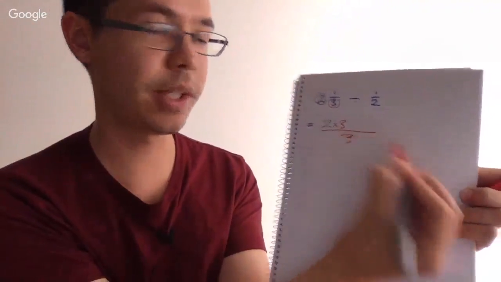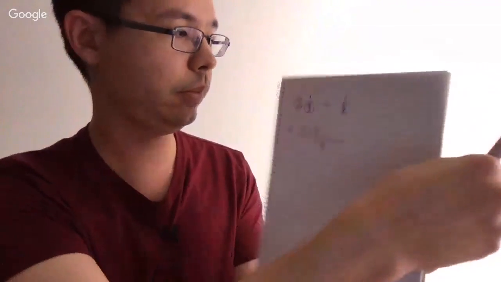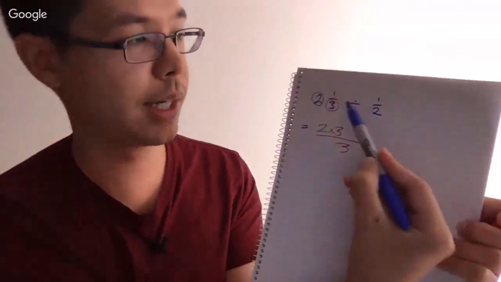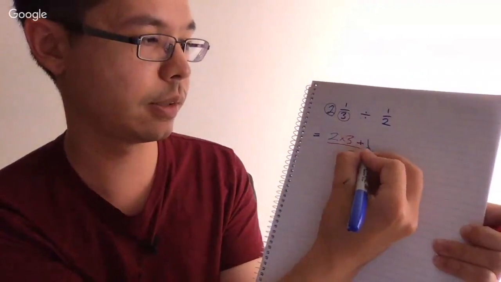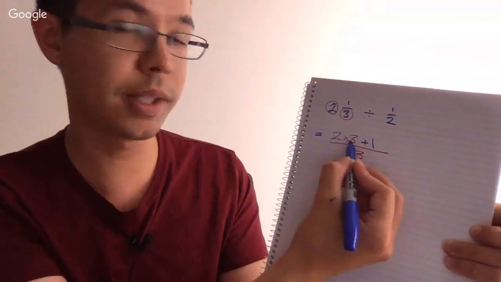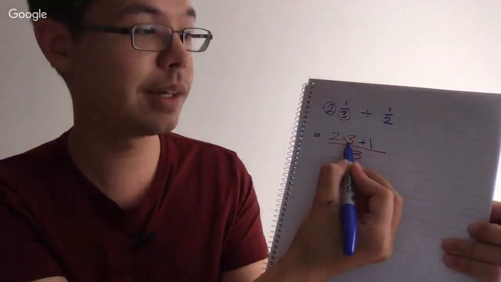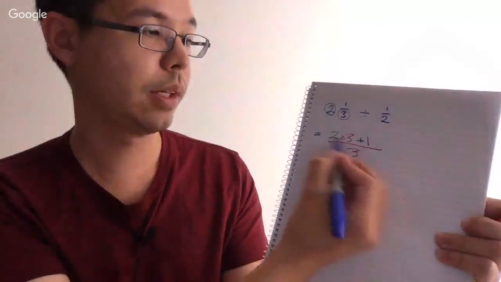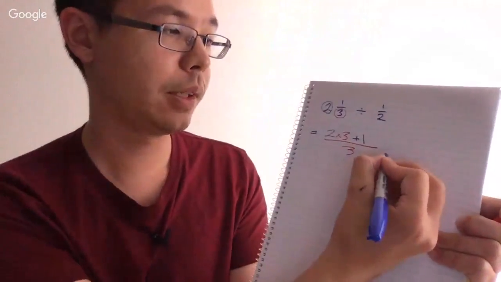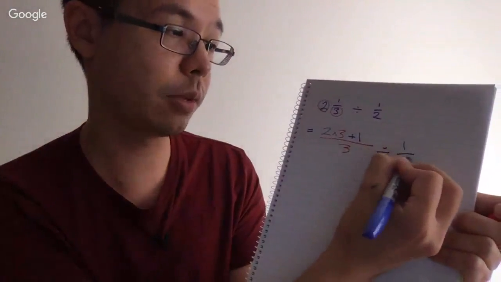And the 3 that was down there stays there. And that bit here from the top that was there in the first place stays. So I've got 2 wholes that had been sliced into 3s. That makes it 6 pieces plus that 1, all over 3. And so I just copy the rest of the question as it was.